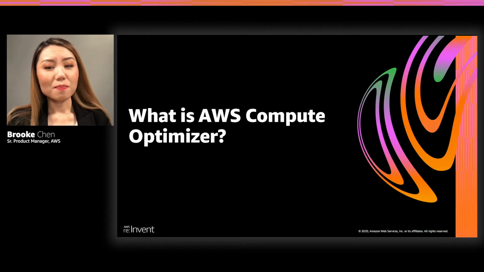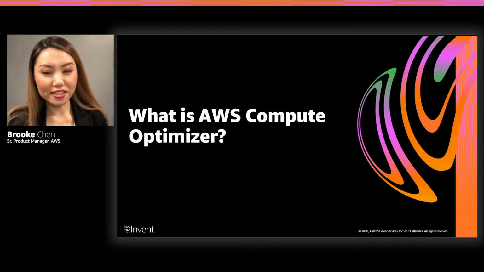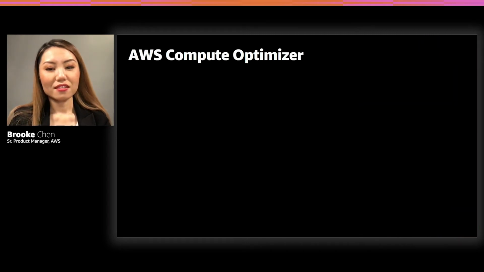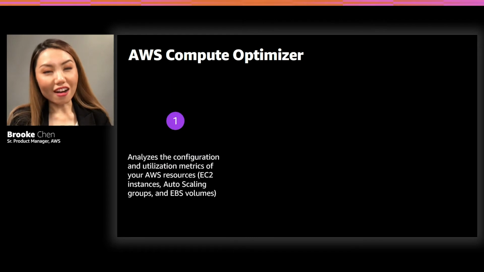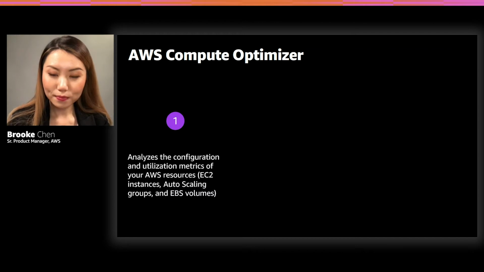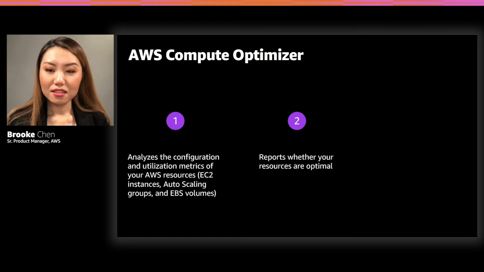All right, but why should you care? And why do you want to learn yet another AWS service? Well, first of all, it's free. Once you opt in, we'll use your default CloudWatch metrics to analyze your usage patterns to find out if you are optimized with respect to your infrastructure setup. Secondly, and more importantly, Compute Optimizer helps you right-size continuously and intelligently through machine learning, so it takes less effort on your part.